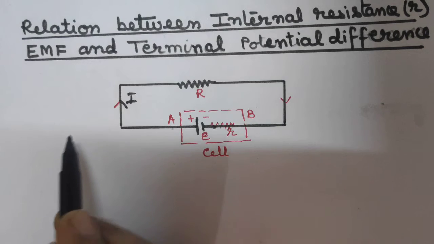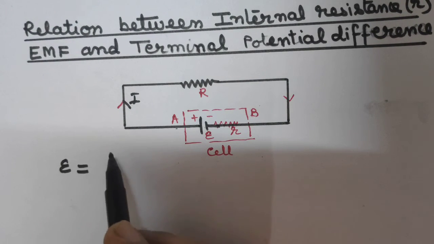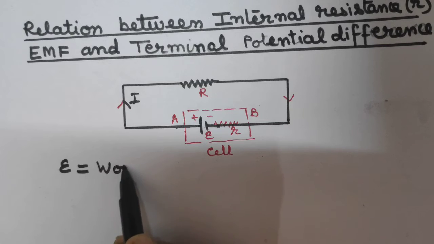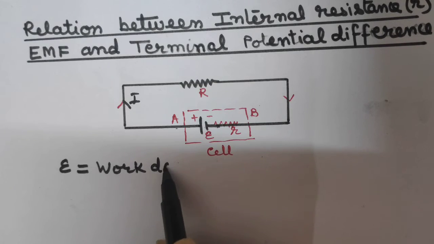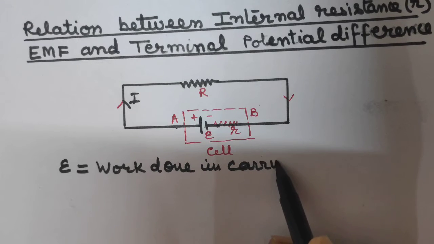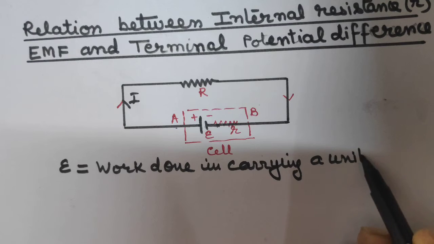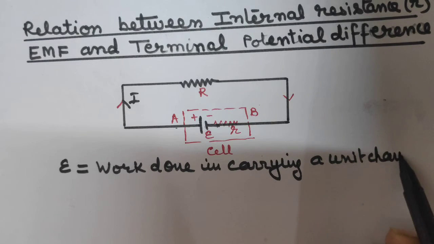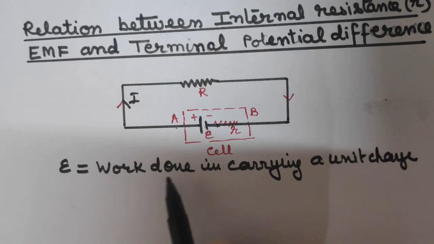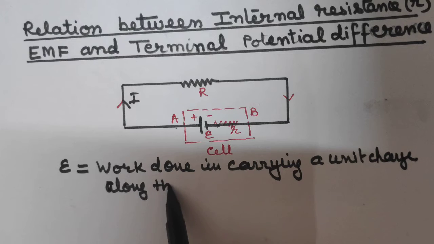So we can write EMF, E, equal to work done in carrying a unit charge along the complete circuit.